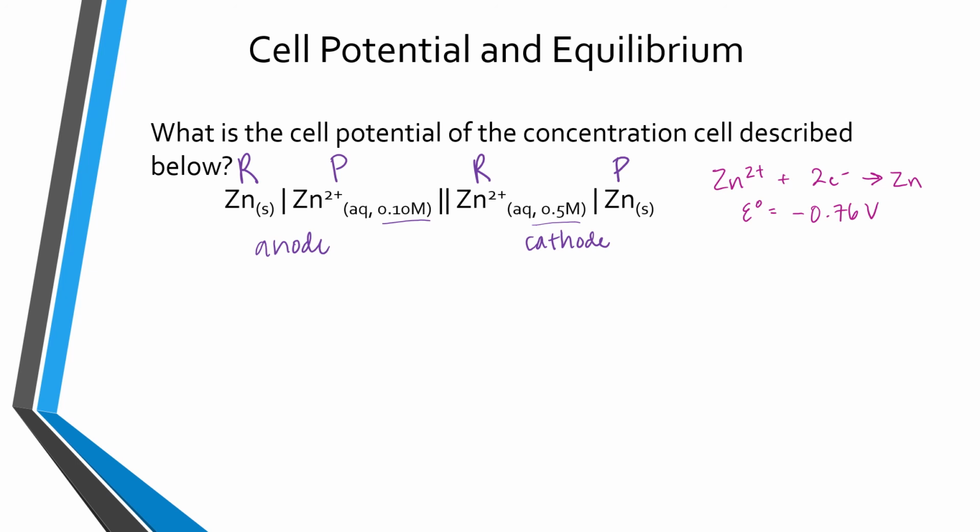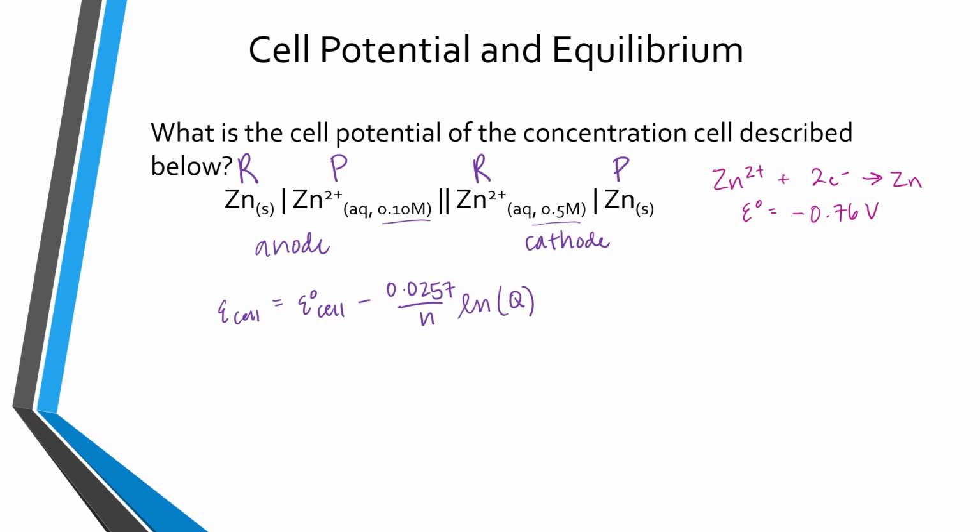So our equation, cell potential not at standard conditions, is the standard cell potential minus... I'm going to use the 0.0257 because we are not given an alternate temperature, so we assume that it's standard temperature, which is 298. All right, the first thing I need to do is calculate my standard cell potential.